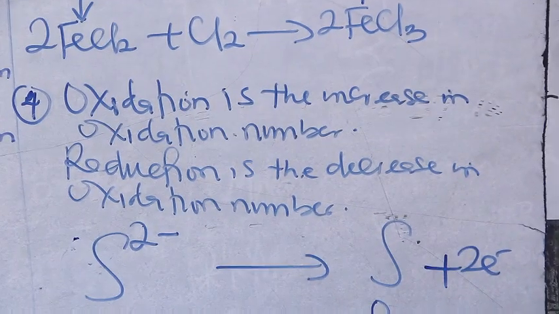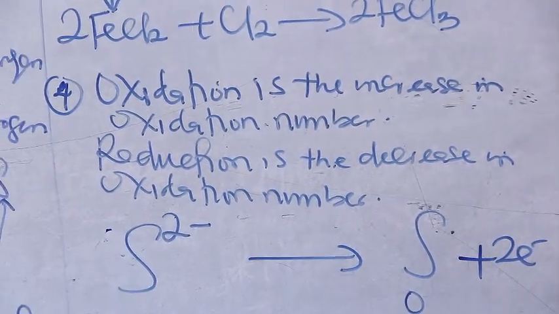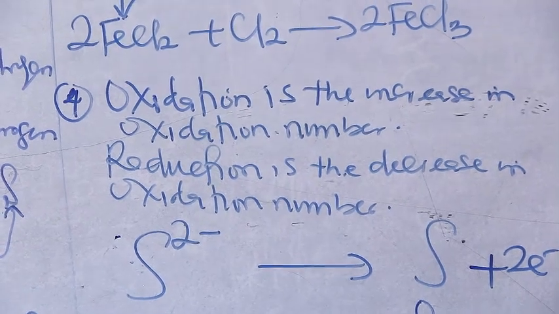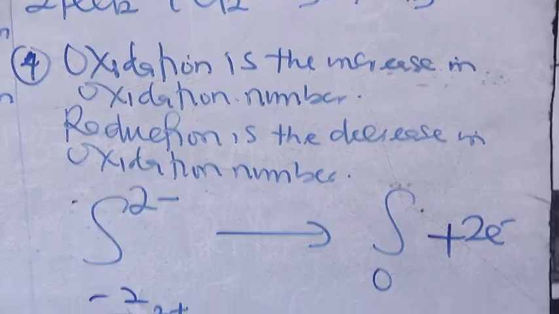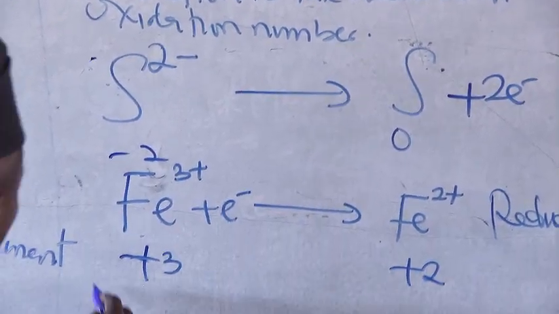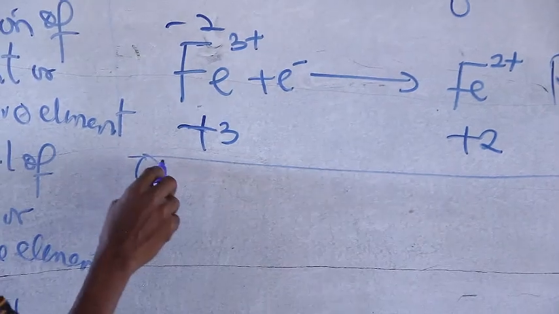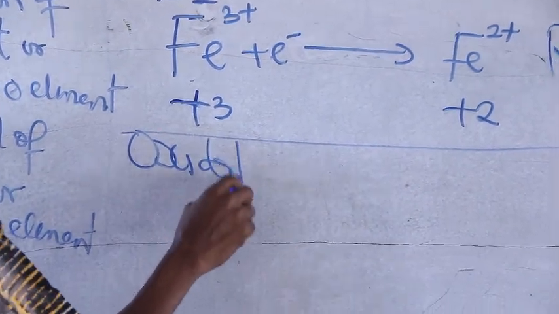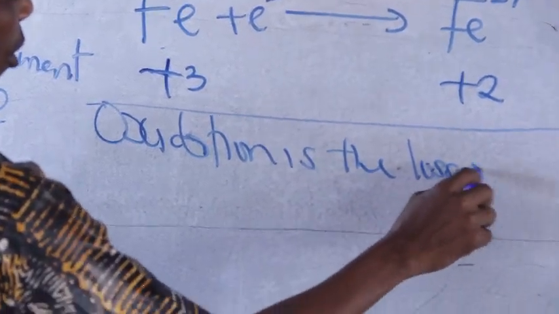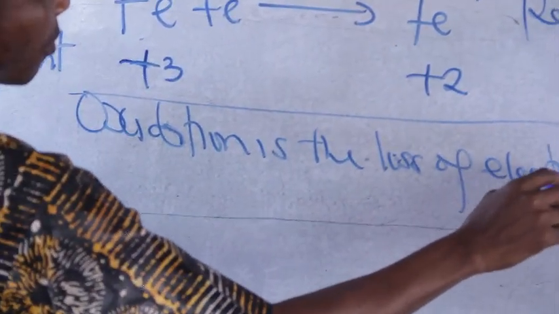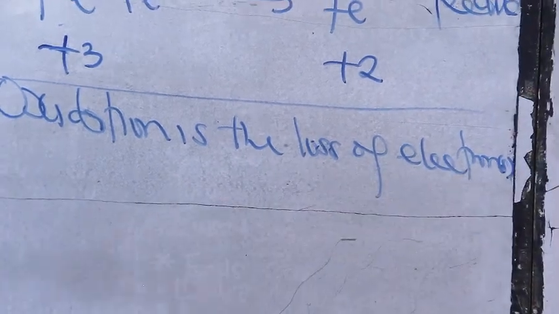Now we can define oxidation in terms of electron transfer. So let us define it in terms of electron transfer. We can say oxidation is the loss of electron or electrons.